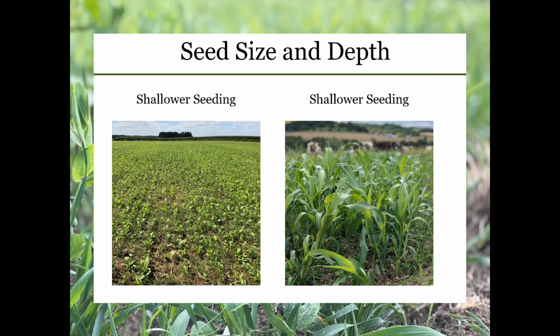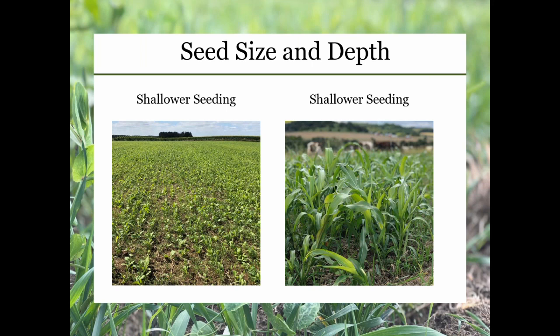If you can see that field, it was mostly the brassicas. We couldn't figure out what was going on until we started walking the field, and we could find areas where his drill was actually getting deeper into the ground, and we would have adequate amounts of the sudan grass. What had happened was he did not have the down pressure on his drill, so it was very shallow, and that's what we get.